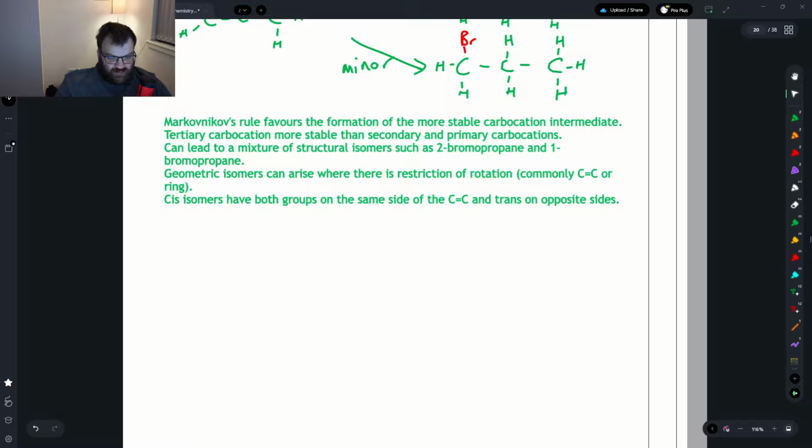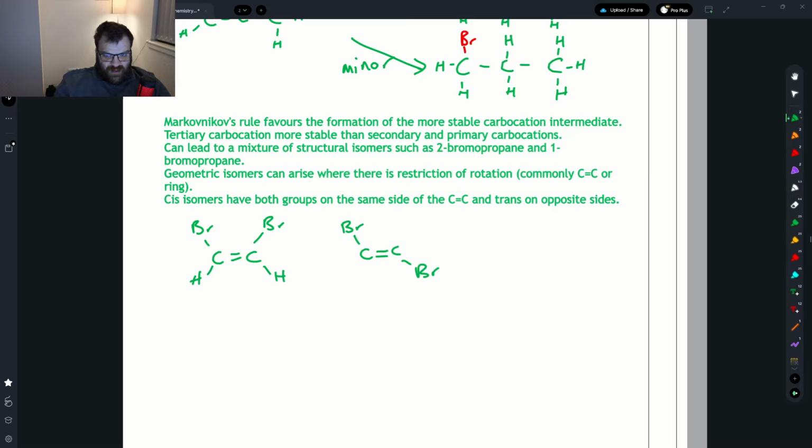So sticking with the bromine, we could have a carbon-carbon double bond, and then I want both my bromines coming at the top with my hydrogens underneath it, versus one at the top and one off the bottom. Because you can't rotate around the double bond, we can't make them both be on the same side.